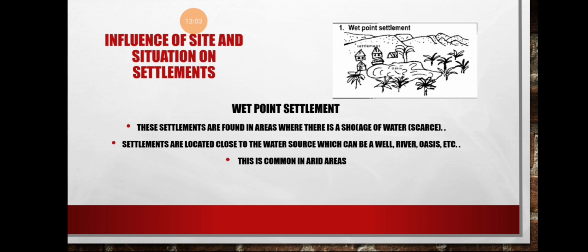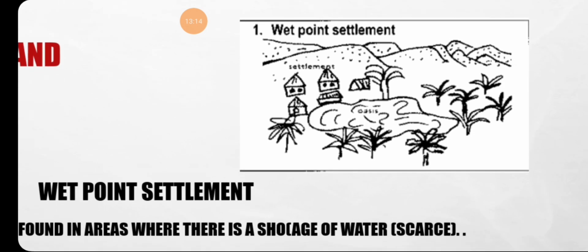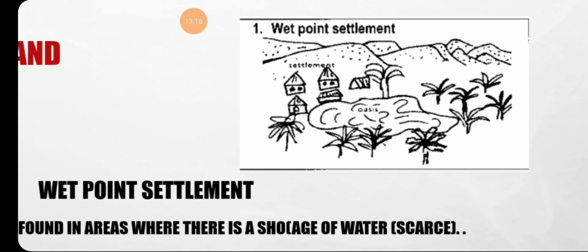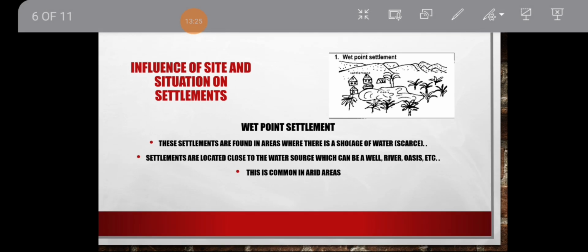Wet point settlement. If we zoom here, we will see that we have oases. Oases normally are found in the arid areas, or I may say desert.